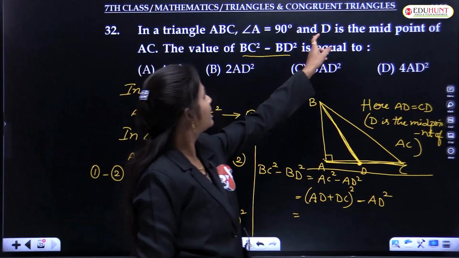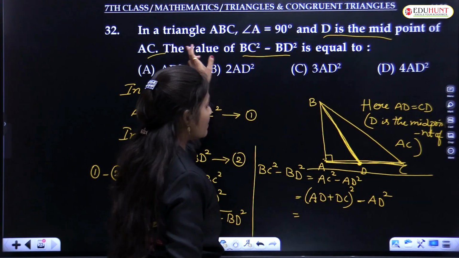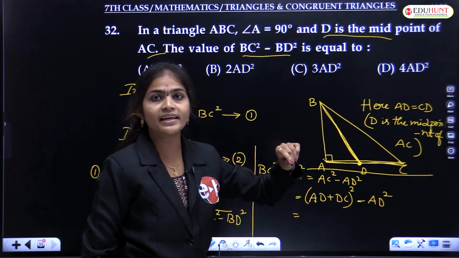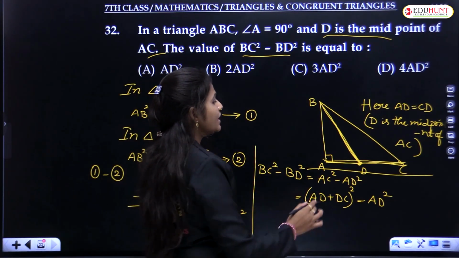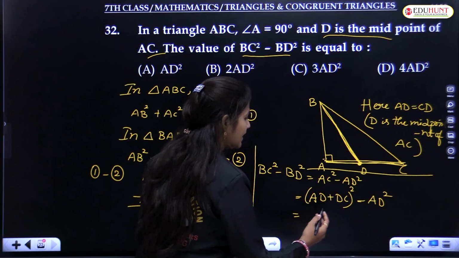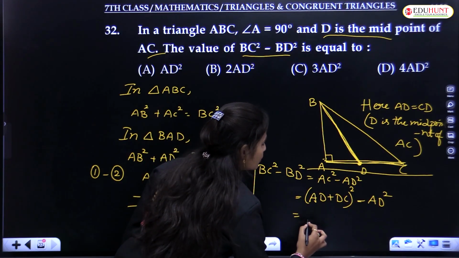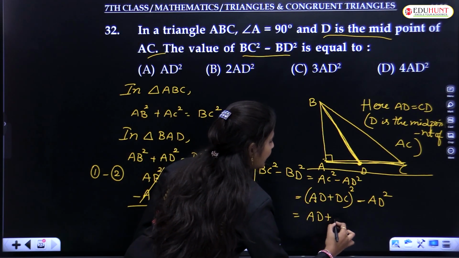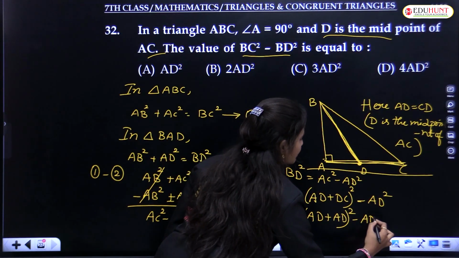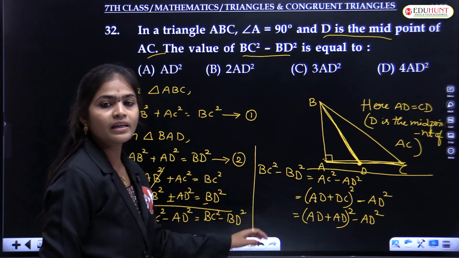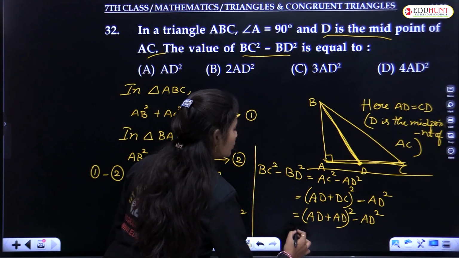See that D is the midpoint of AC. Midpoint means the midpoint divides the line segment into two equal parts. So that's why AD is equal to CD. So we can write this as AD plus AD whole square minus AD square. AD plus AD is equal to 2AD, no?